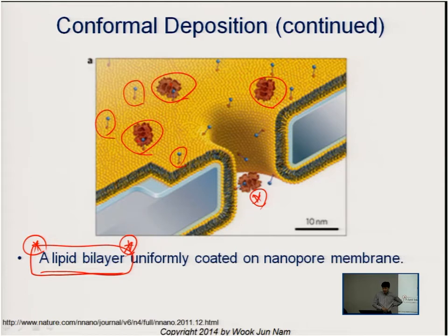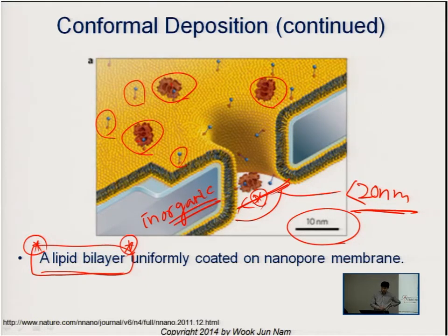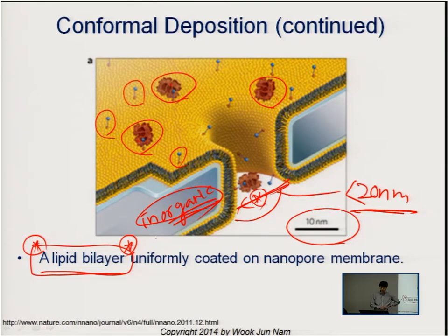But in this case, people make nanopores. The scale bar is 10 nanometers in this cartoon, so the pore size is about 20 nanometers or smaller. This pore was originally made out of an inorganic material, which is not compatible with biomolecules.